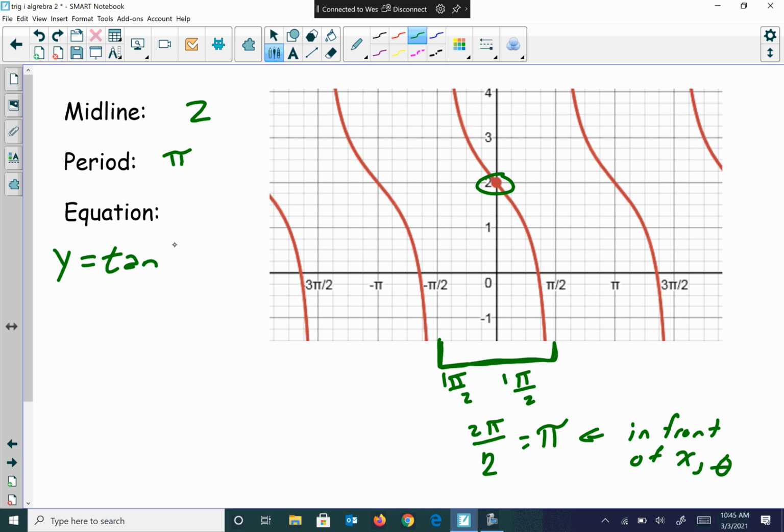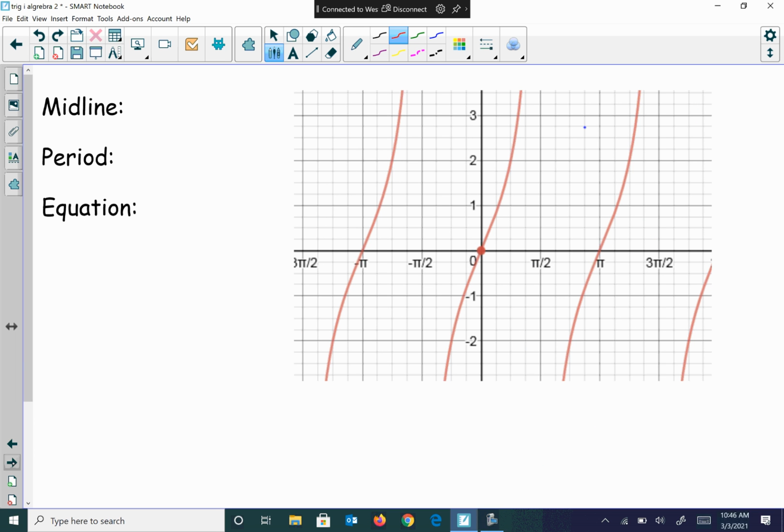Tangent of 2x, I'm sorry. This 2 in front of the x means it's happening twice as fast. Normally it has a distance of 2 pi. This one has a distance of pi, so it's happening more often. Can I move on? And the plus 2 is because it shifts up.